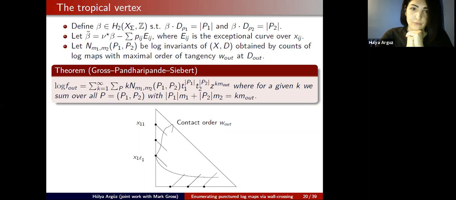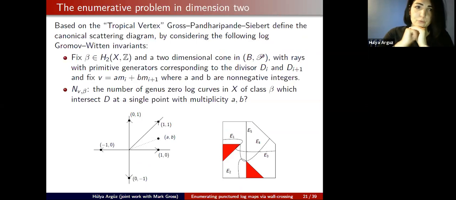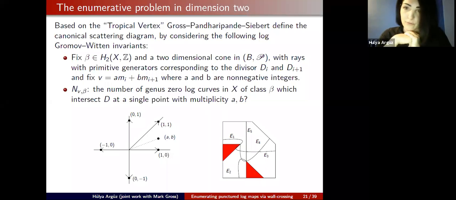The coefficients are given exactly by these log Gromov-Witten invariants of the blown up toric variety, of your local Calabi-Yau variety. And based on this observation on the tropical vertex, Gross-Siebert, you define the canonical scattering diagram by looking exactly at this problem that was solved by Gross-Siebert, understood how it fits to scattering.